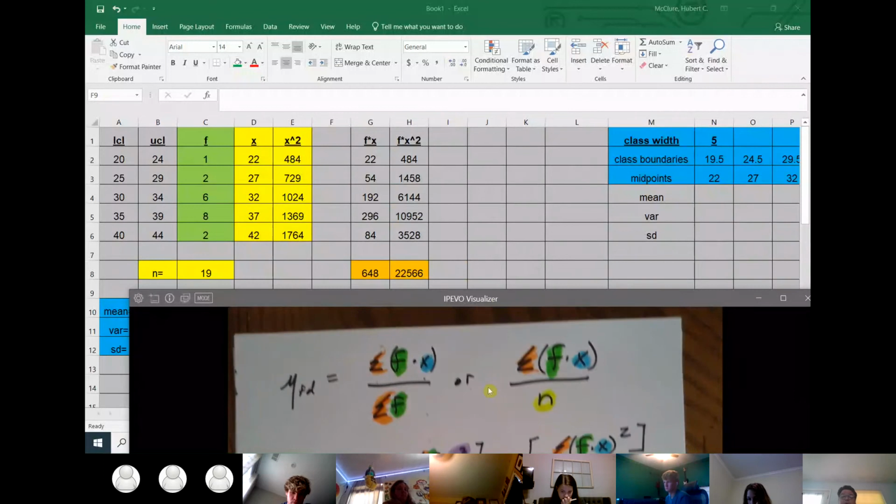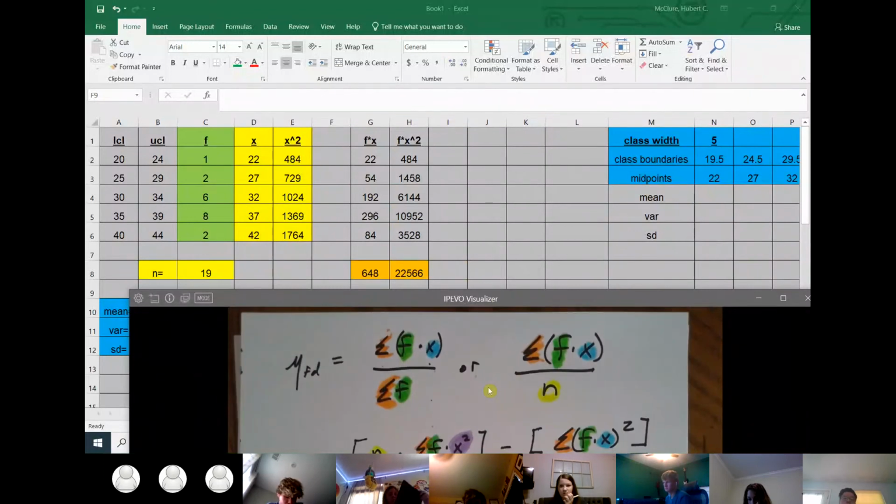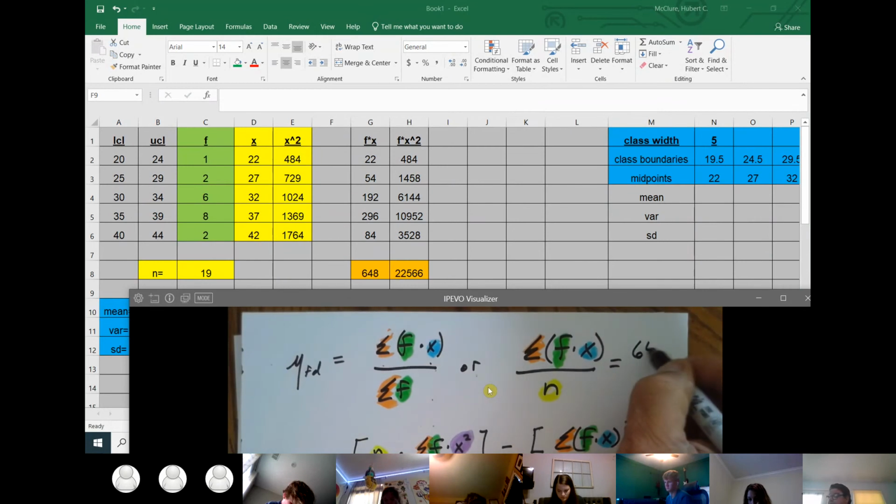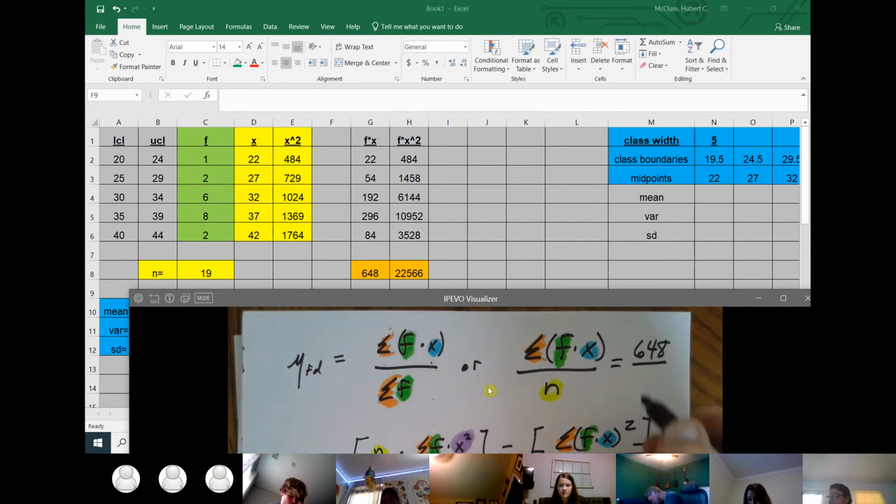So for the mean, the summation of F times X is 648. And N is 19.